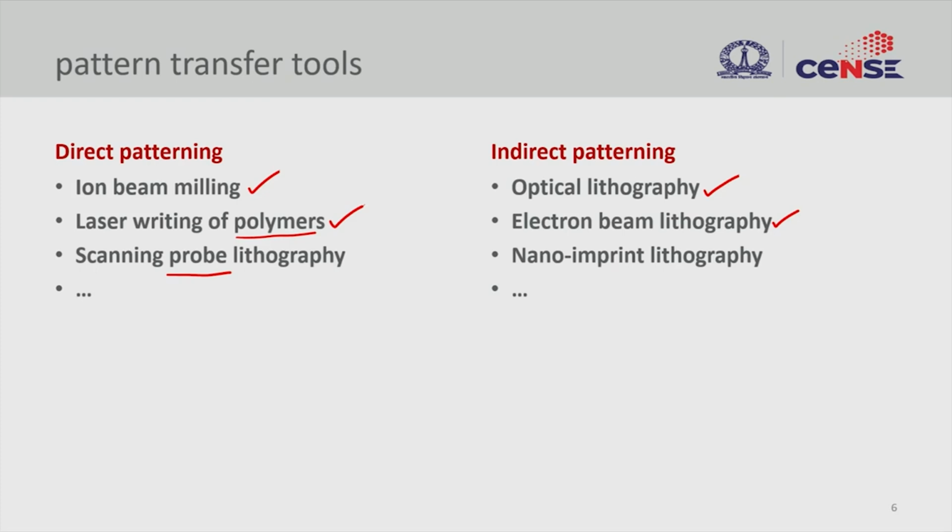This is a combination of an optical and a thermal process, and is again primarily used in an R&D type of environment. And of course there are many more to list here. These are a few to give you an idea about the different types of patterning tools, rather techniques, that one can use in order to realize the structures.